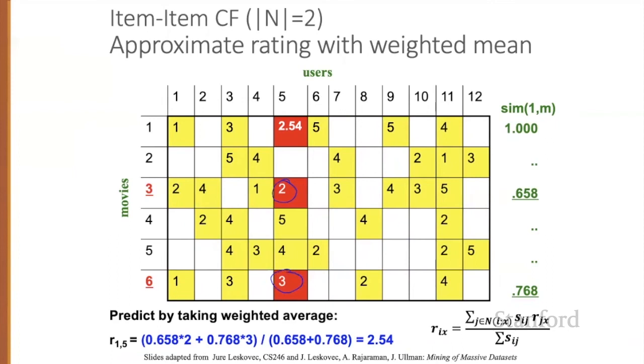The non-weighted average of 2 and 3 is 2.5. It turns out the weighted average, here's my computation down here, is slightly different, and it turns out weighted averages work slightly better. Basically, it's saying movie 6 is slightly more similar to movie 1 than movie 3 is to movie 1, so we're going to weight movie 6 a little more.